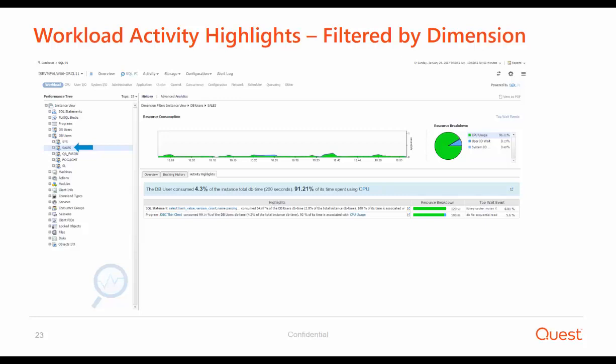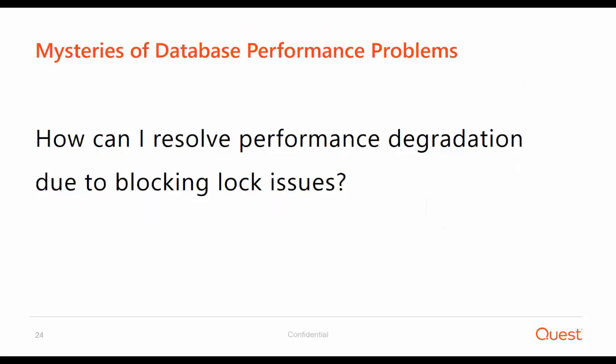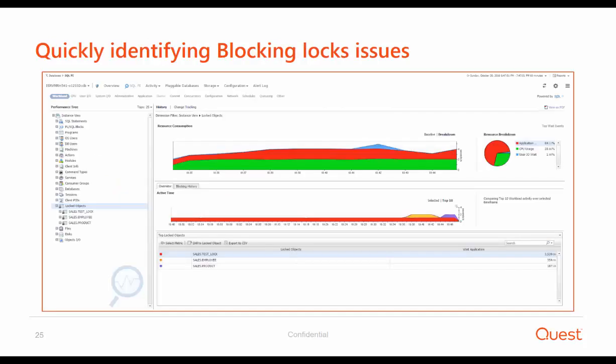Next challenge: how can I, as a DBA, resolve performance degradation due to blocking lock issues? Blocking lock issues are a very common problem when the application is written poorly, and in some cases due to concurrent access to the same shared resources.